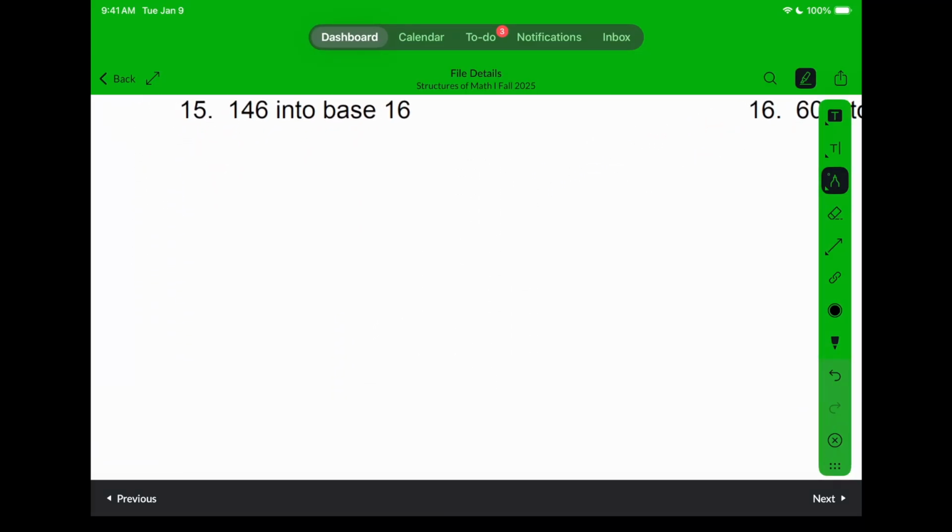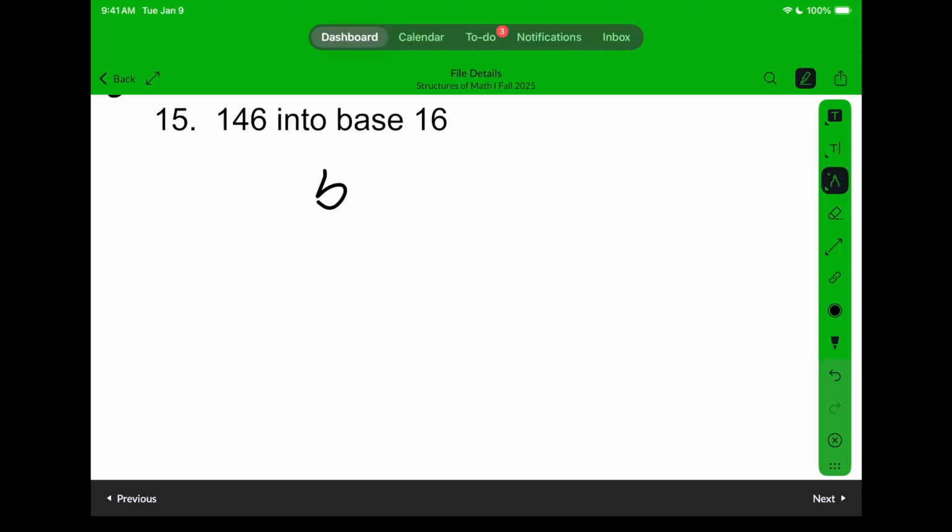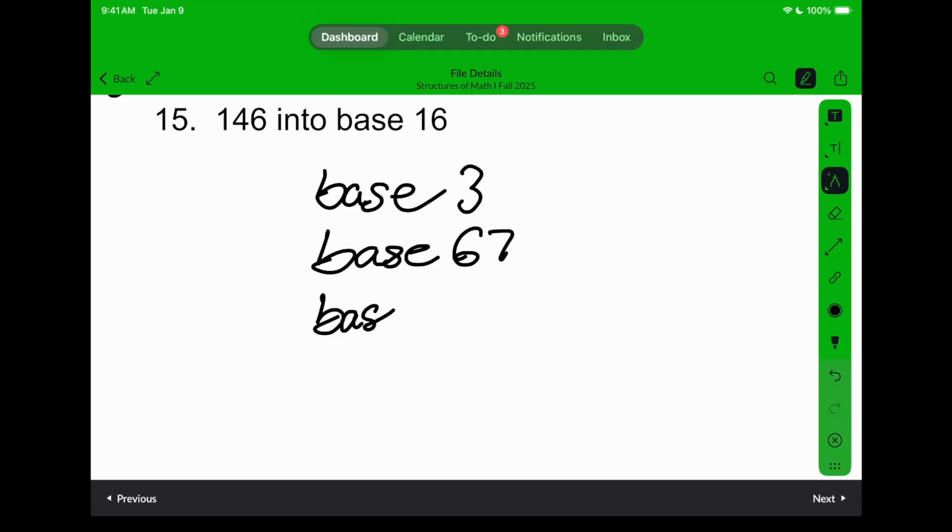Okay, 146 into base 16. Base 16 is a little larger. So your unit is still going to be 1. It doesn't matter how large this number is. It could be base 3, it could be base 67, it could be base 1 million.